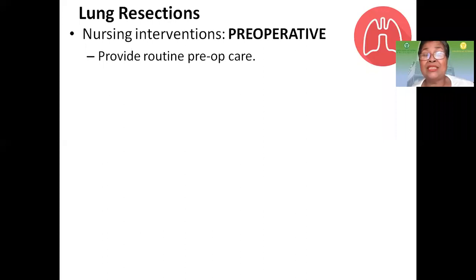How would you know that he has breathed deeply? The ball, the indicator, is maintained at a certain level. So incentive spirometry is very important, especially for patients who will undergo lung surgery.